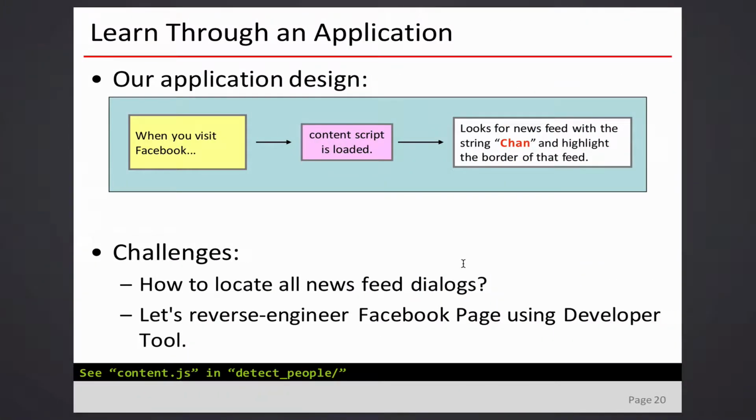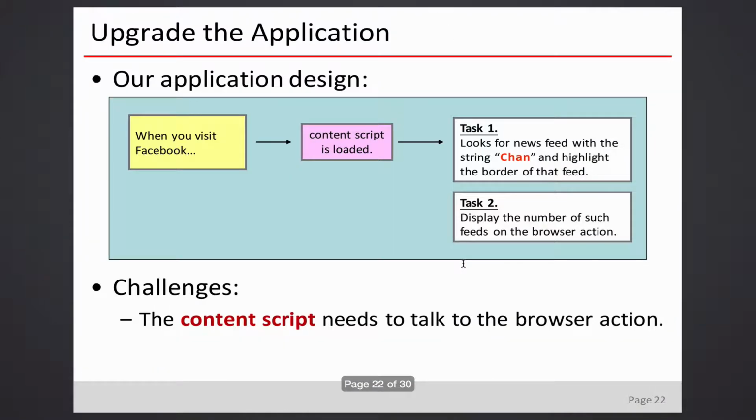Okay, so after I load the script, I can make this kind of modification to the page. Whatever I change only happens in the world of the page, right? How can I talk to another entity, let's say the browser action?